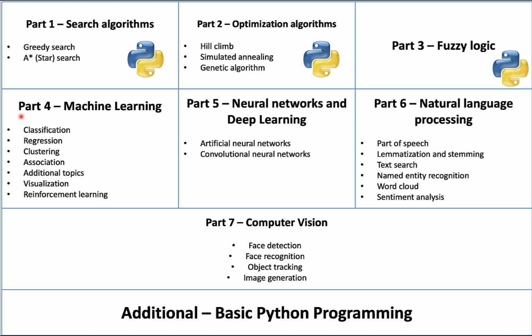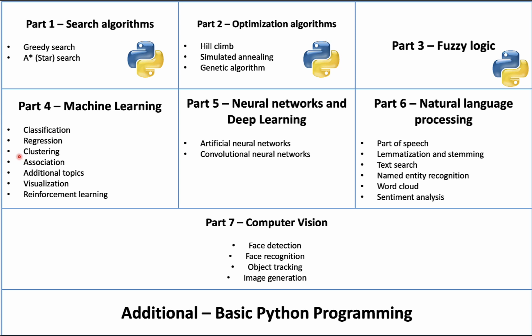Part number 4 is the longest of the course, and you are going to learn about machine learning, which is one of the most relevant areas in artificial intelligence. You are going to learn about classification and regression. Both techniques are used to predict events in the future.